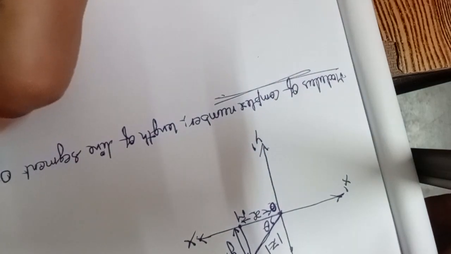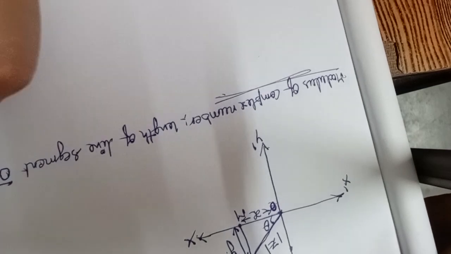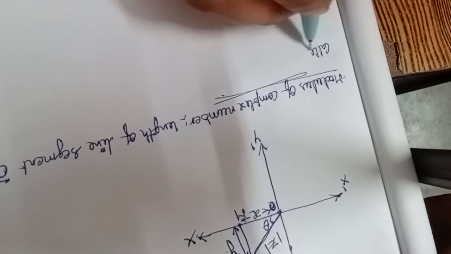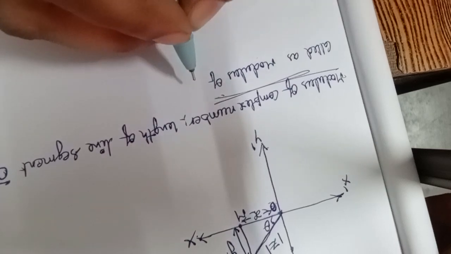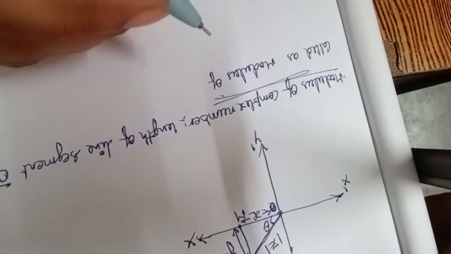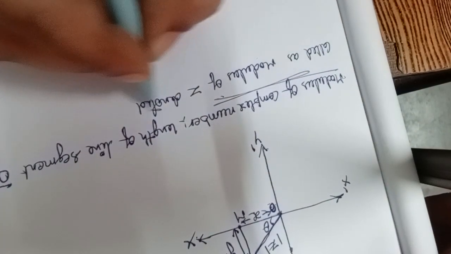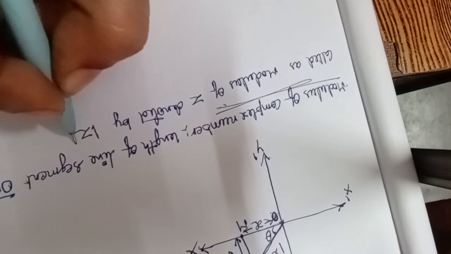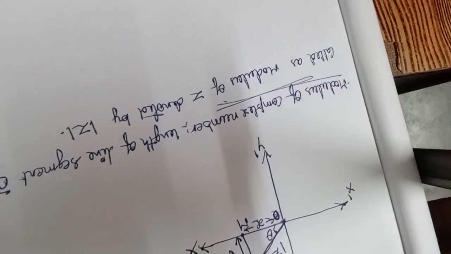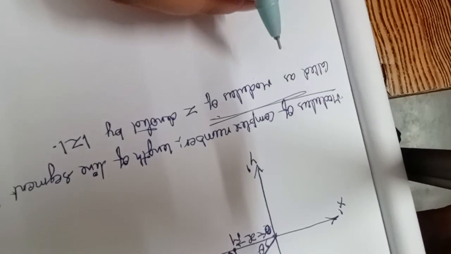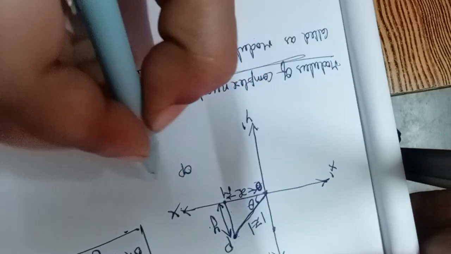The length of line segment OP is called the modulus of the complex number z, denoted by mod z. Now the formula for this: if you observe, this is a right angled triangle, and OP is the hypotenuse.